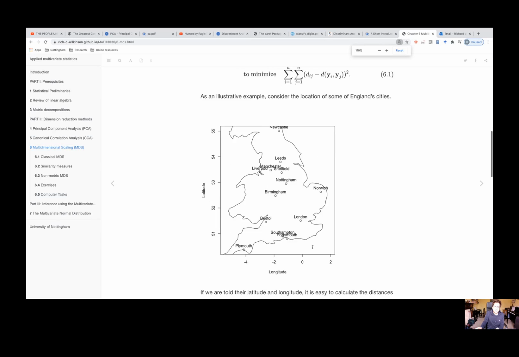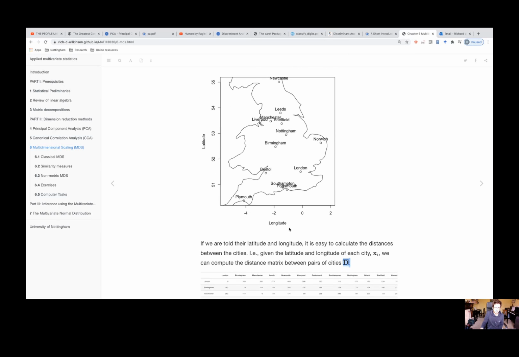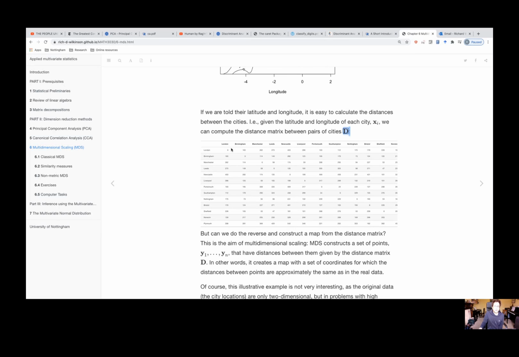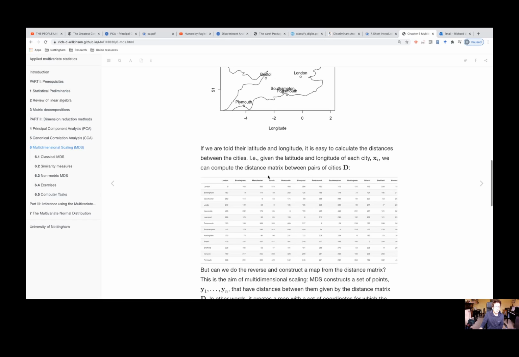The aim in multidimensional scaling is to go the other way. We would consider being given this distance matrix D, and what we'd want to try and do is find a set of coordinates of points that have these distances between them.